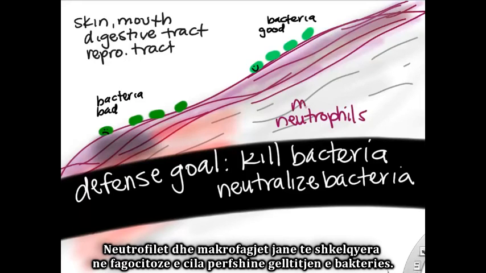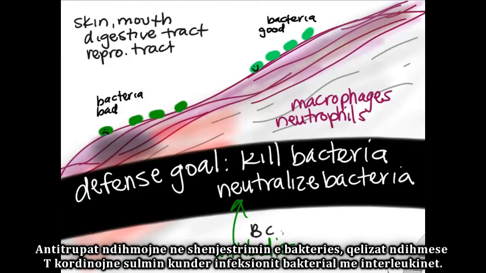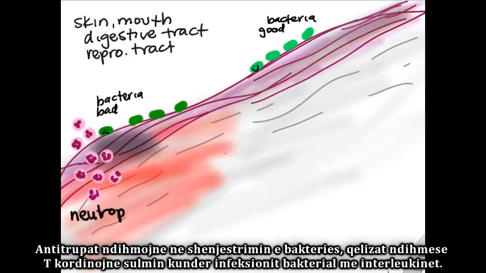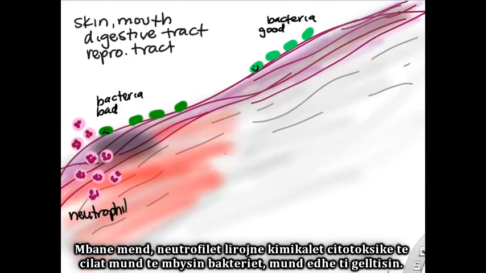Neutrophils and macrophages are great at phagocytosis, which can include eating up the bacteria. Antibodies can help target the bacteria. Helper T cells can help coordinate our attack against the bacterial infection with interleukins. So remember, the neutrophils release cytotoxic chemicals which can kill bacteria.